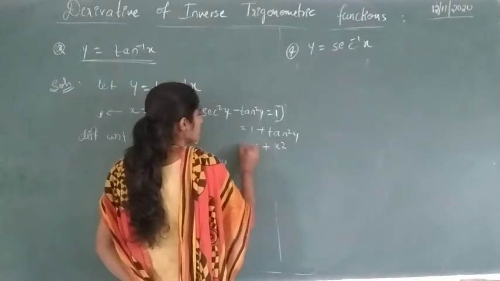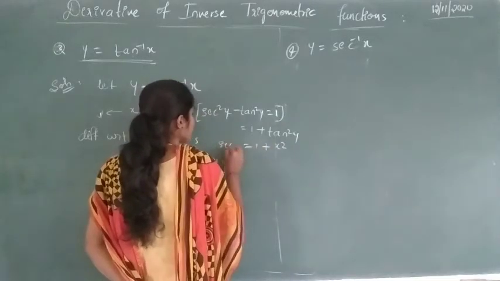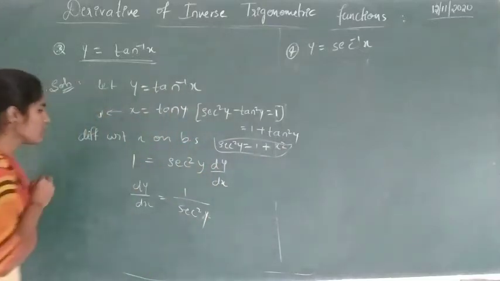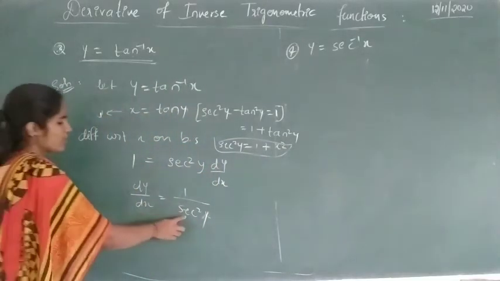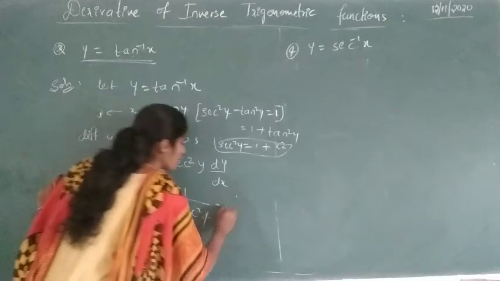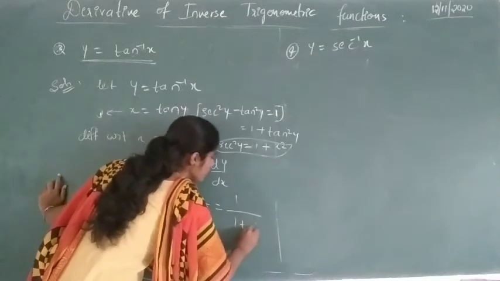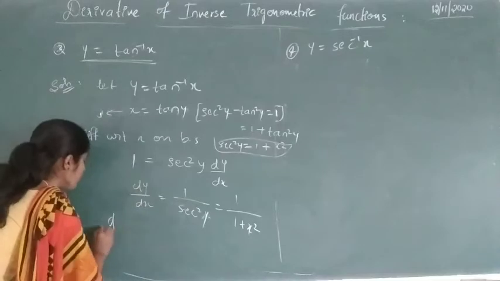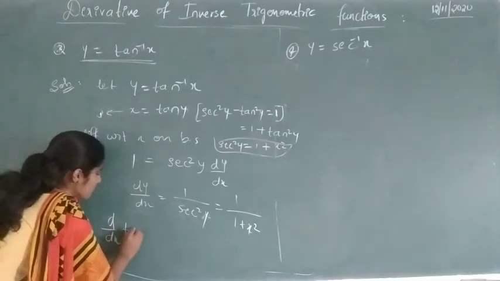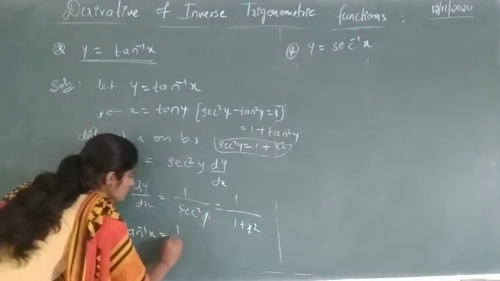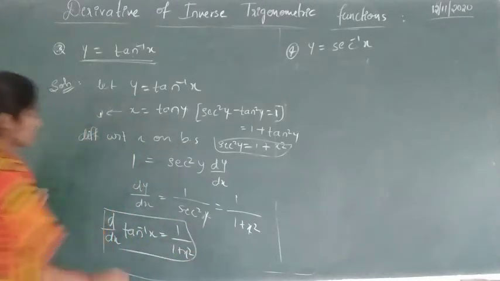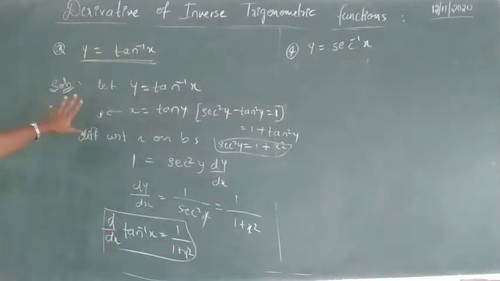So secant square y can be written as 1 plus x square, and dy by dx is 1 divided by 1 plus x square. So this is the derivative of tan inverse x.